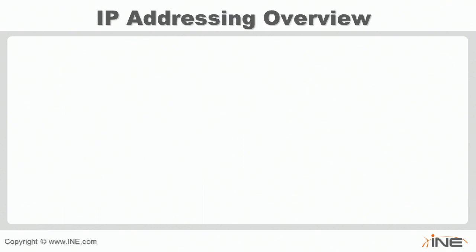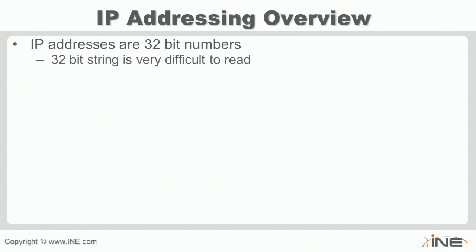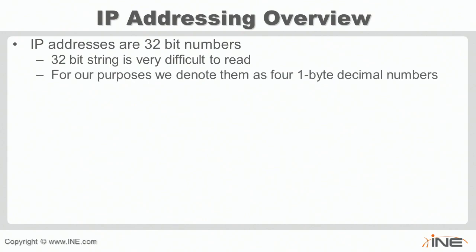Now, the addresses themselves are 32-bit values, but the problem is if you look at a 32-bit string in binary, it's really difficult to decode and figure out exactly what that means. So from our point of view, we're going to be grouping these together in four 1-byte decimal numbers, which is known as the dotted decimal format.